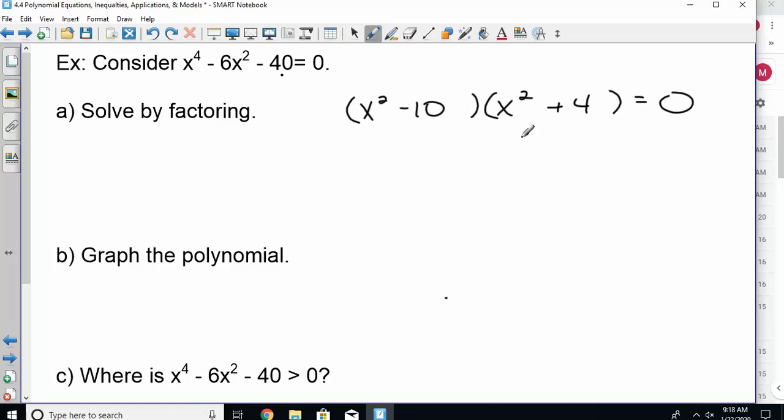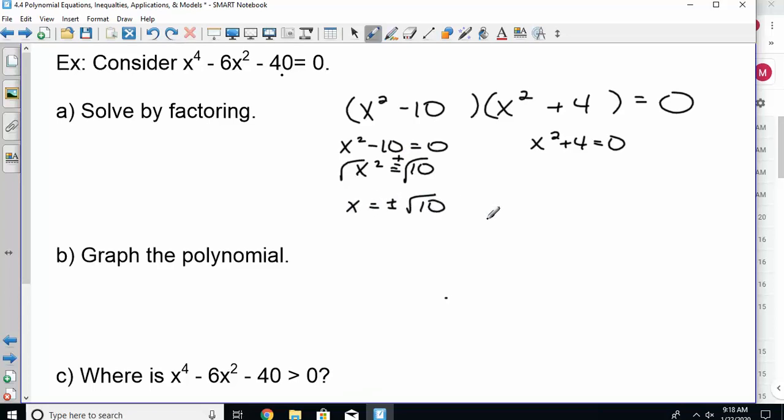Do either of these factor nicely using difference of squares? No. Let's go ahead and just solve it then. I'm trying to solve anyway, so I just need to set each of these equal to 0. So we'll have to do a square root with that plus and minus. So x is plus and minus the square root of 10.